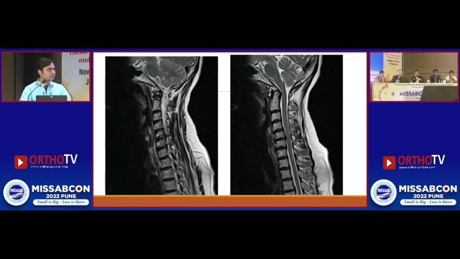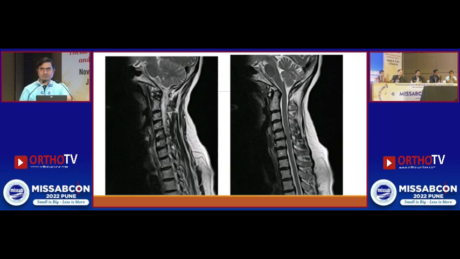Anybody who would like to go posteriorly? Yes, sir. This patient might require a flexion extension MRI. That will clear all the doubts on whether there is a subtle instability. And if there is subtle instability, it becomes very clear which approach you need to take.